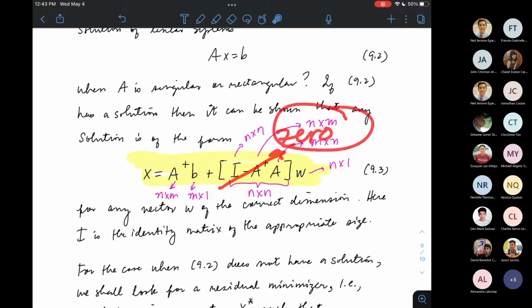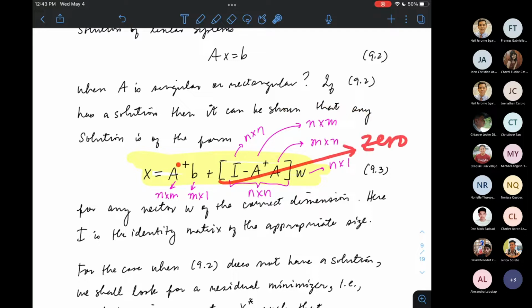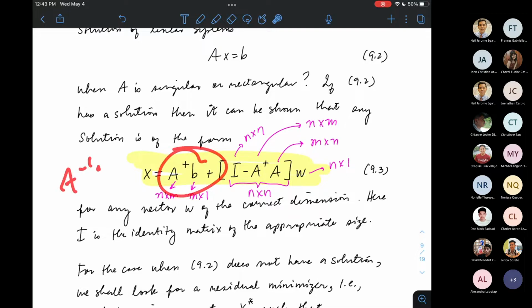Zero matrix times any matrix W will still be the zero vector. Tapos this will be A inverse B plus the zero vector. This will just be A inverse B, which we know to be the unique solution of a non-singular equation AX equals B.